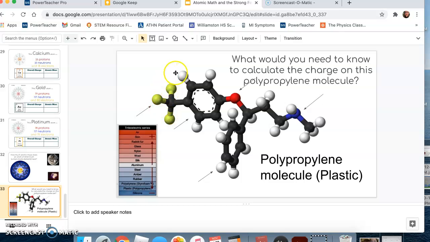We have fluorine, hydrogen atoms, carbon atoms, 1 oxygen atom, 1 nitrogen atom, and we would need to find out a lot of stuff here, how they interact with each other, what forces are acting on them right now. I noticed that plastic polypropylene tends to attract electrons. So where would it do that? Where are the extra electrons going to be hanging out? A bunch of good questions there. So I'm going to let you go.